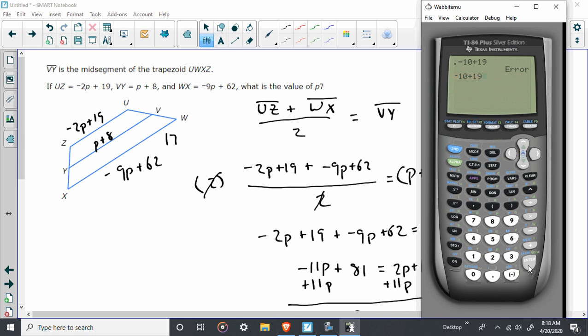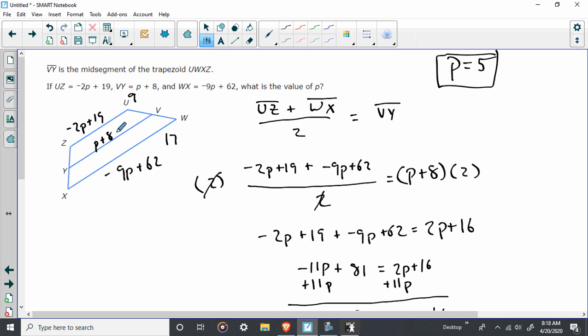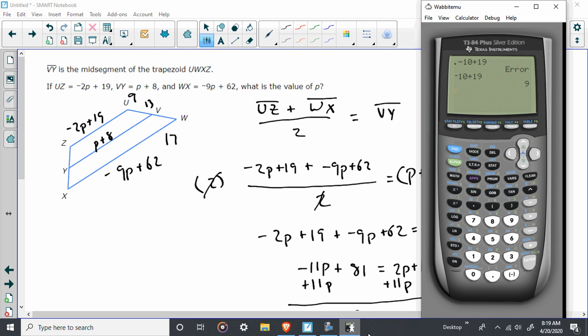What do you get? You're going to get 9. Here, 5 plus 8 is going to be 13. Okay. And negative 45 plus 62. Again, it's going to be 17.